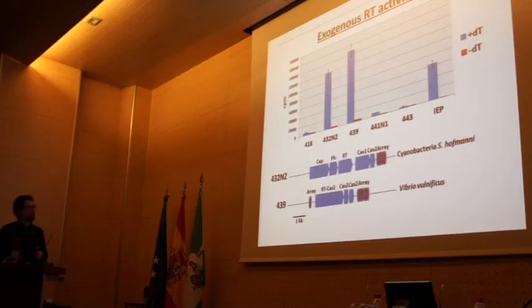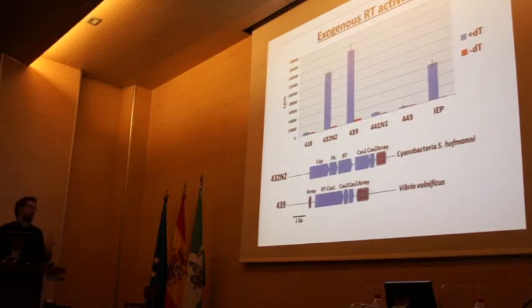Also, these RTs present two different features, because 432N2 is independent of Cas1, whereas 439 is an RT-Cas1 fusion protein, like the protein of Marinomonas mediterranea.